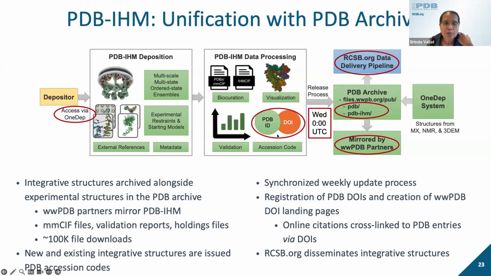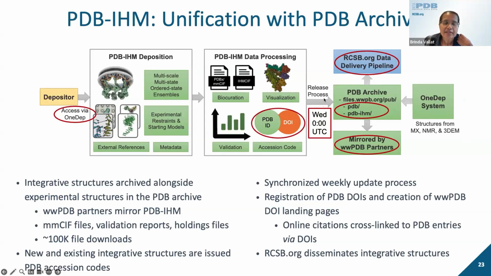And we created workflows to support a synchronized weekly update process. So the release of integrative structures is synchronized with the release of experimental structures from the wwPDB OneDep system, so that the structures are released at 0 UTC on Wednesdays, following the same practice as the core PDB.